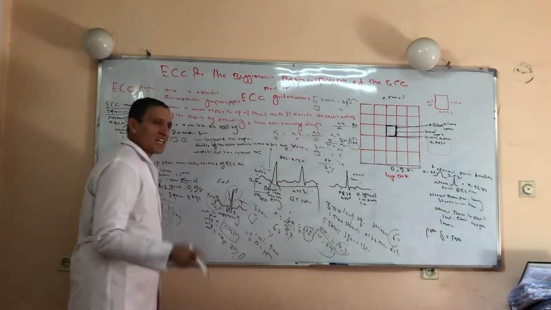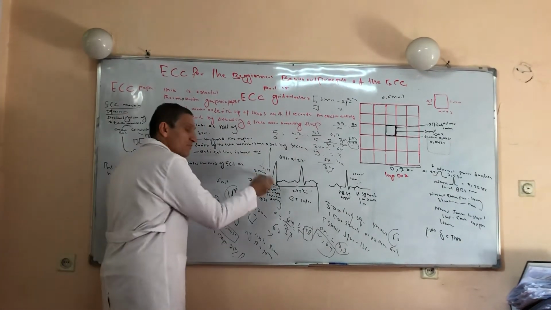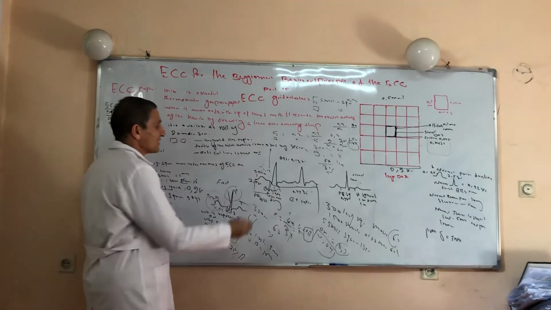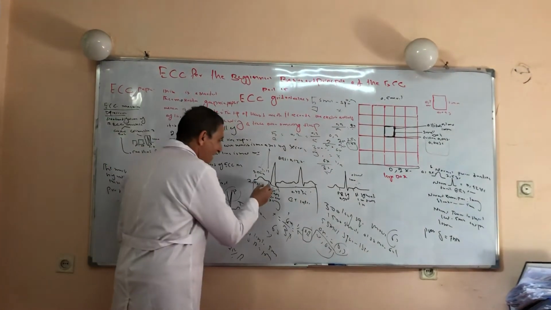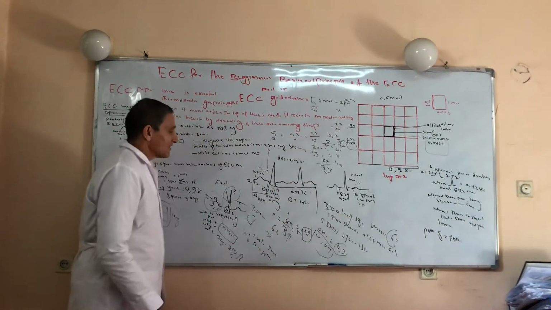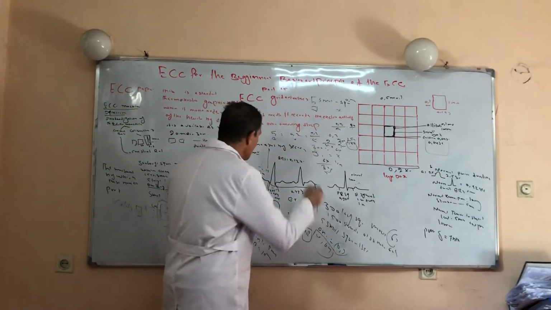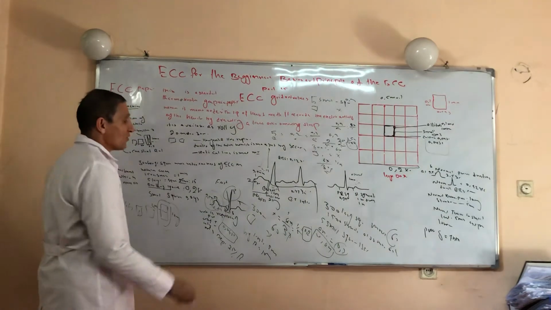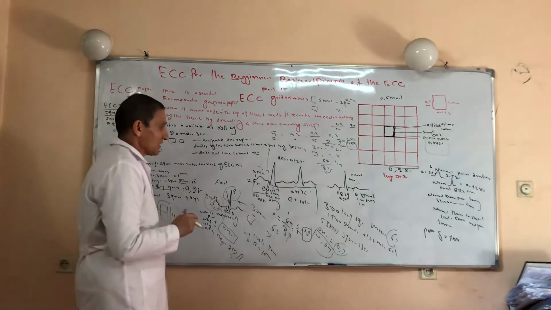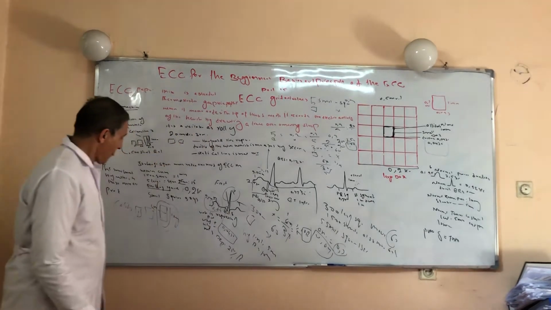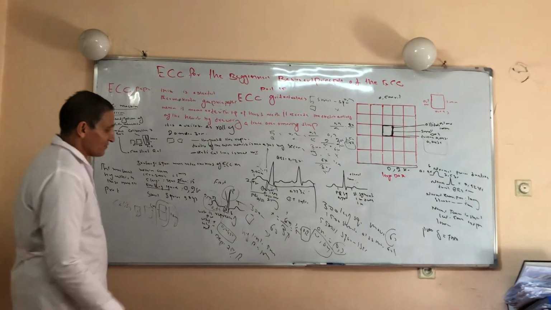What is the Q wave? The Q wave is the first wave which comes before the R wave. What is the R wave? The R wave is the first positive wave which comes after the Q wave. And the S wave is the first negative wave which comes after the R wave. This rule is very important for the configuration of the QRS complex. Another one is the T wave.